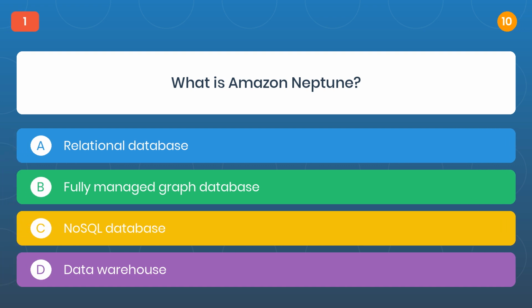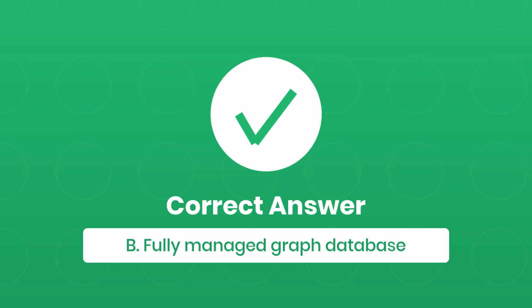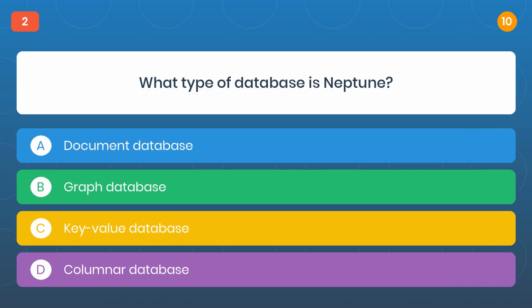Question 1. What is Amazon Neptune? The correct answer is B, fully managed graph database. Question 2. What type of database is Neptune?